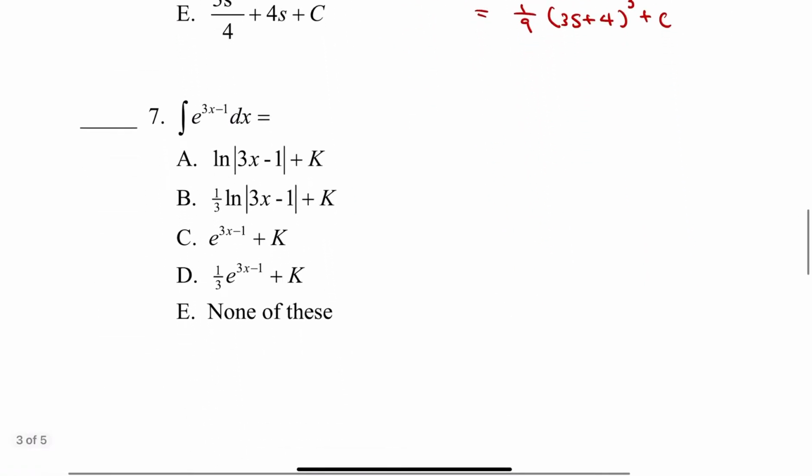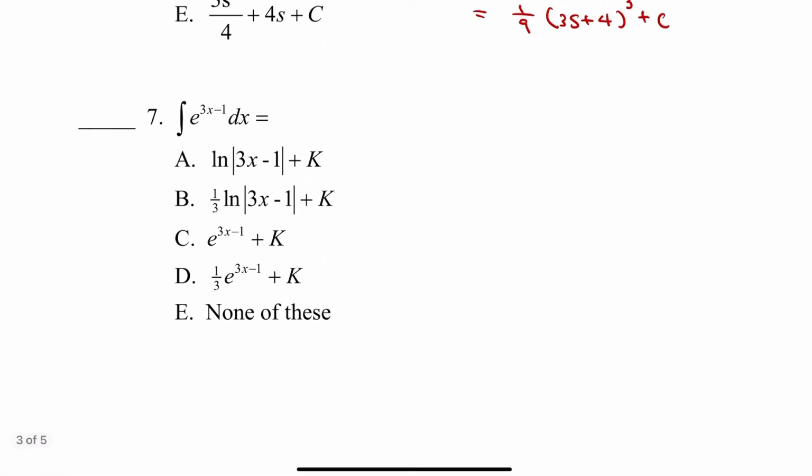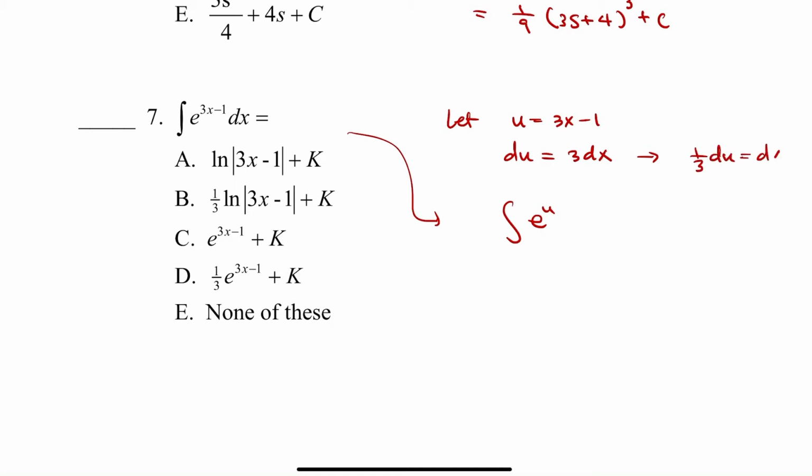Okay, let's move on. Next one. So this is another typical example of u sub. So let's say u equals 3x minus 1. So when you take a derivative both sides, du equals 3dx. So the equation becomes integral e to the u. From here, when you isolate dx, 1/3 du equals dx.